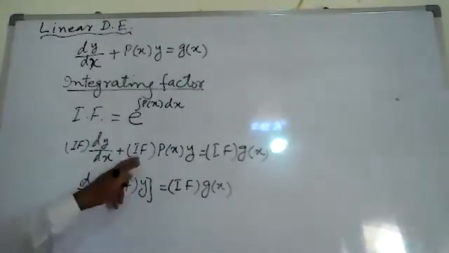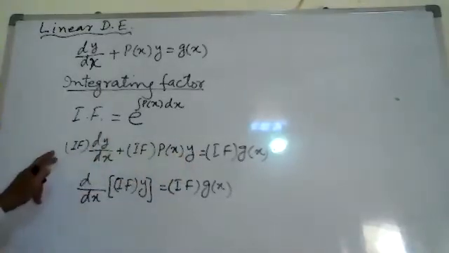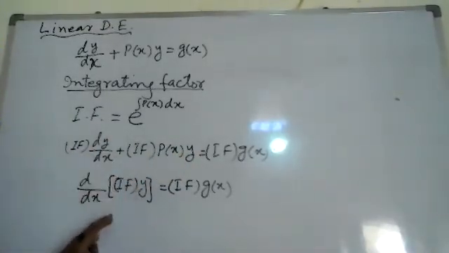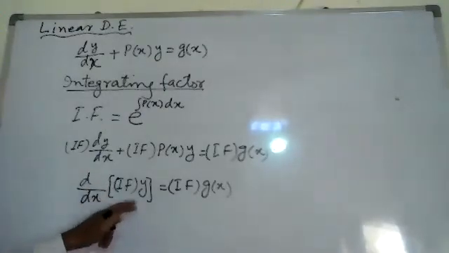So when we multiply with the integrating factor, this is actually the total derivative, the whole derivative of integrating factor into y. We will convert it into this.